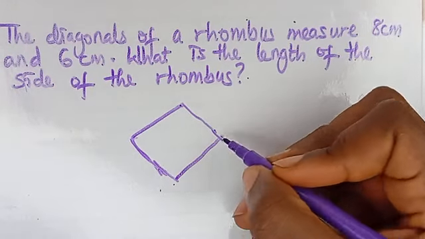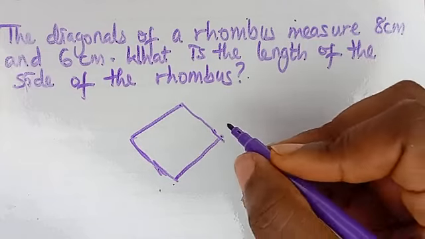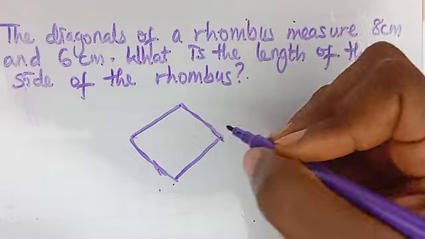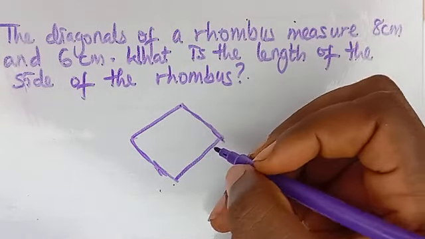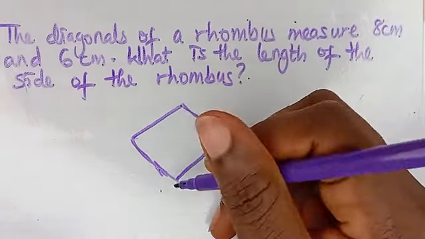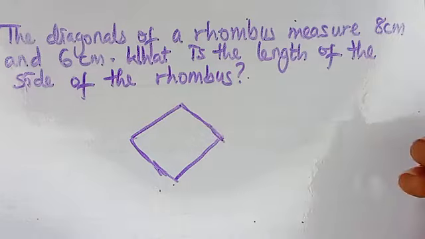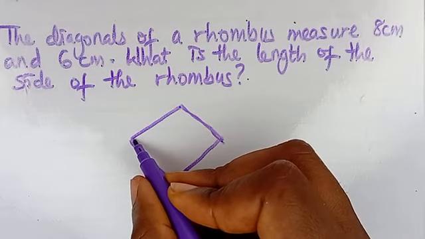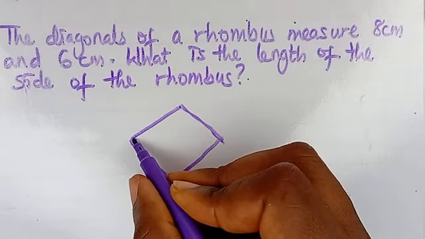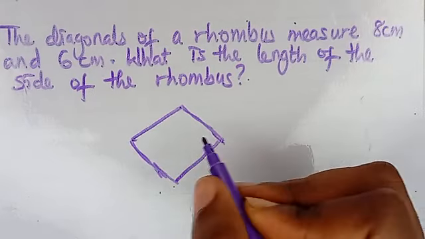So I'm going to try as much as possible to make the sides equal. Then the opposite angles are, like these opposite angles are equal to each other, while these other ones are equal to each other. Now we have that the diagonals, that is from this edge to this edge.